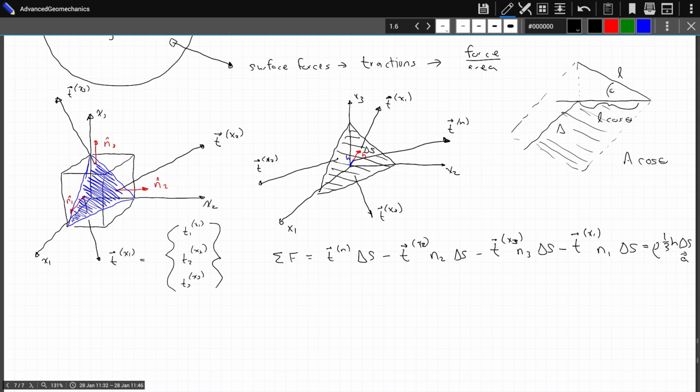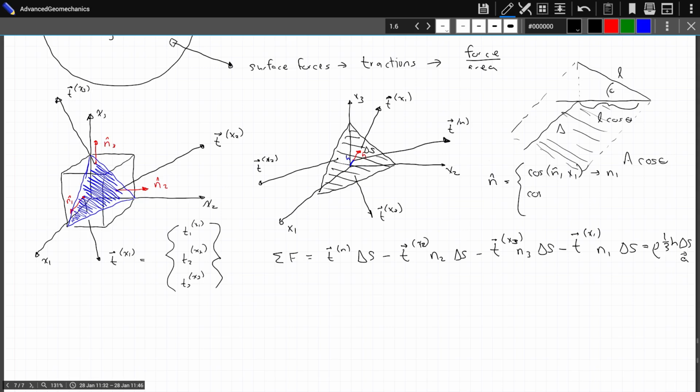Well, if you have a unit vector n, and you compute the cosine between n and x1, that gives you n1.